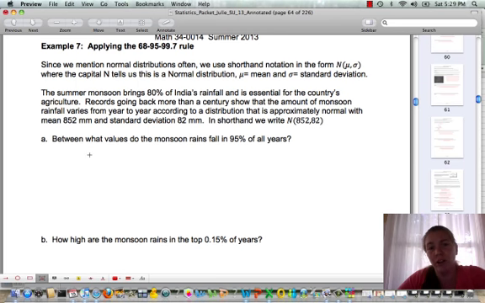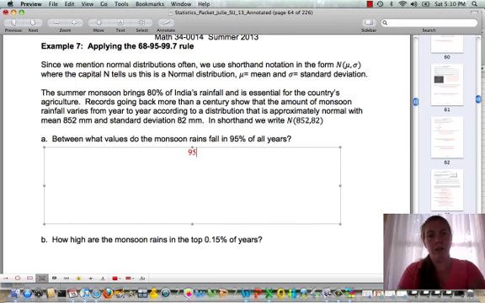So we want to ask here, between what values do the monsoon rains fall in 95% of all years? So remember, 95% is 2 standard deviations. So we can go ahead and figure out the lower, let's start with the lower bound. So the lower bound is going to be 852, subtract 2 times 82.